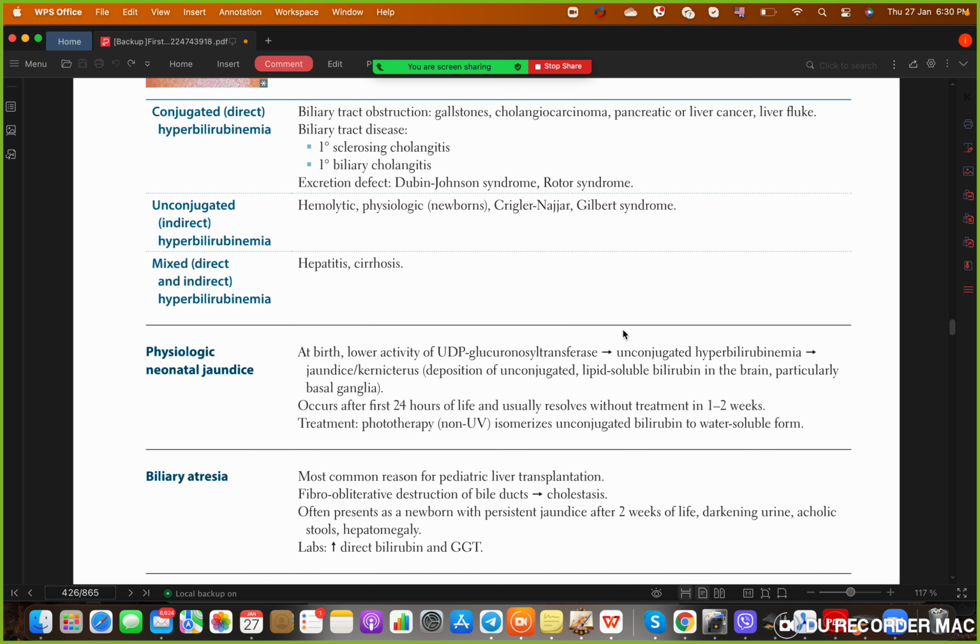It has another name. Schistosomiasis, was it mansoni or haematobium? Mansoni, it affects the liver. Haematobium affects the bladder. Then, biliary tract diseases, we have primary sclerosing cholangitis and primary biliary cholangitis.